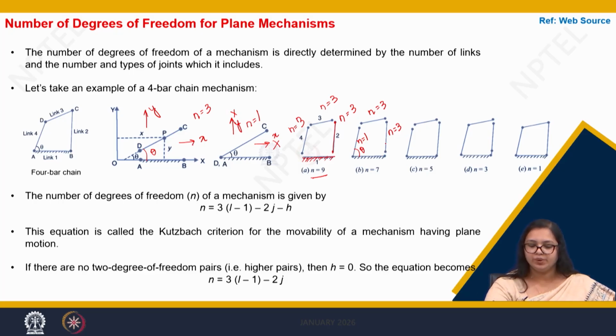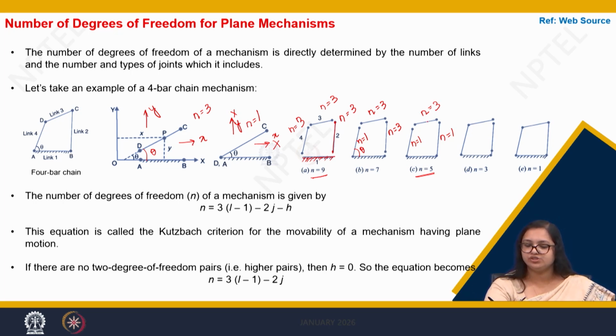In a similar way, we now fix our link 2 with 1, where the degrees of freedom of link 2 becomes 1, and link 4 we already know is 1, but link 3 is still free in the coordinate space. So here our n is 3. This gives us the degrees of freedom for this system as 5.